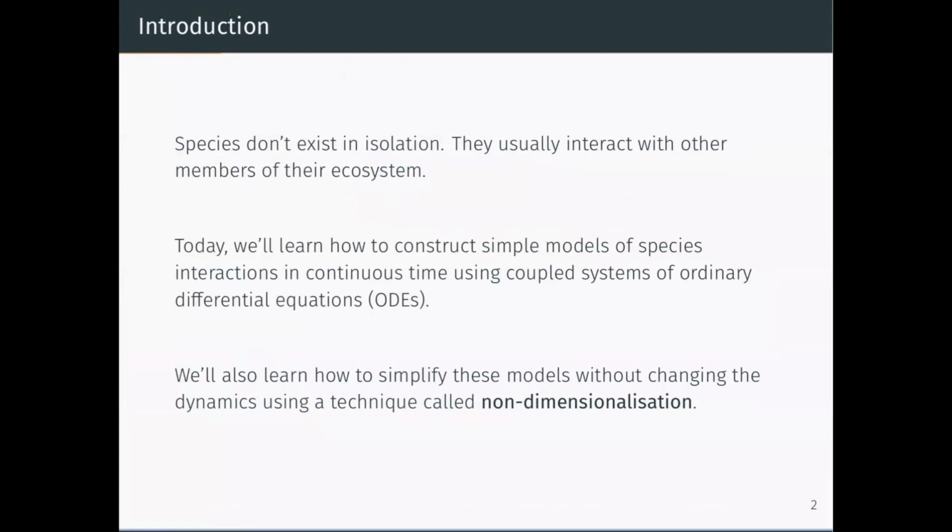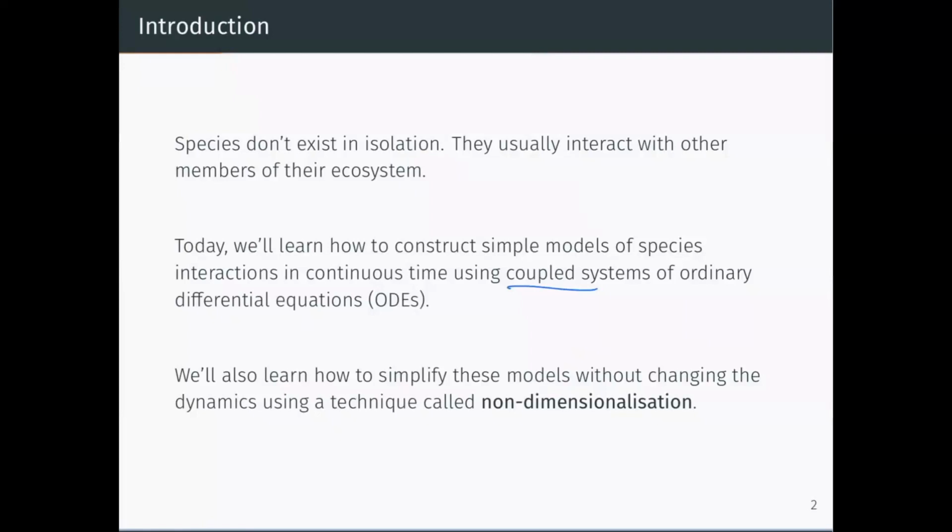And we refer to these as being coupled systems of ODEs. So they're coupled because the dynamics of these ODEs are no longer independent from each other. So they're not just one ODE on its own. There'll be, say, a second ODE or a third ODE, and these will all be coupled together.